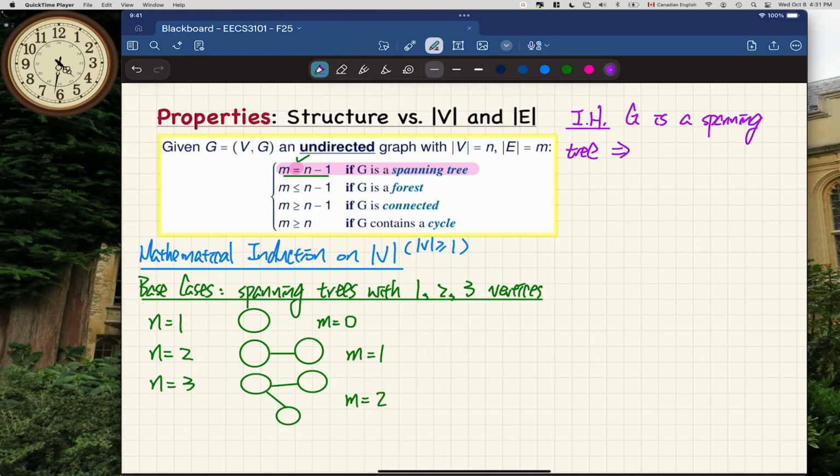That means for G, if we got a number of vertices, let's say it is equal to n, and also number of edges is equal to m, it's going to satisfy exactly this property, such that m is equal to n minus 1. Okay, that's what we assume. And you can also say the number of vertices here should be larger than, let's say, 3, since we already covered the base cases. Okay, that's the inductive hypothesis. We're going to use it very soon. Okay, so let me just highlight it.